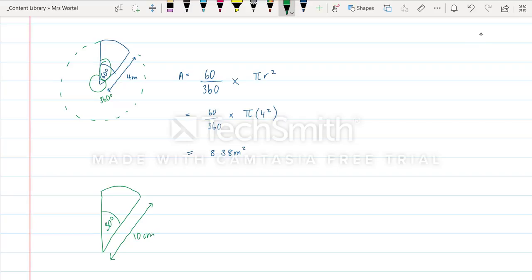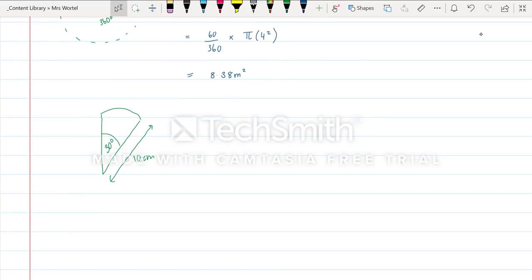So at this point, I'd like you to pause the video, have a go at finding the area of that sector, and then come back and check that you've got the correct answer. Okay, I hope everyone had a go at finding the area of that sector. Let's go through the solution.